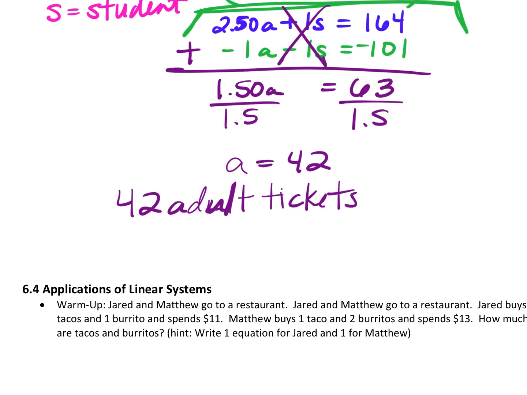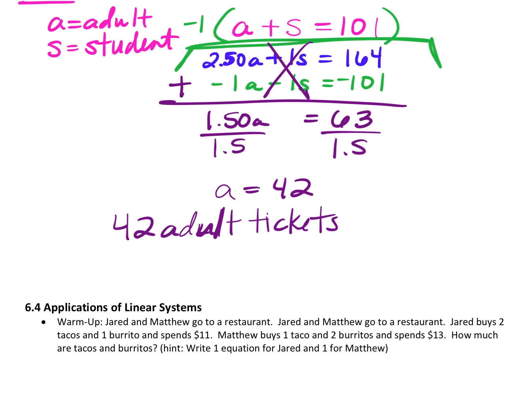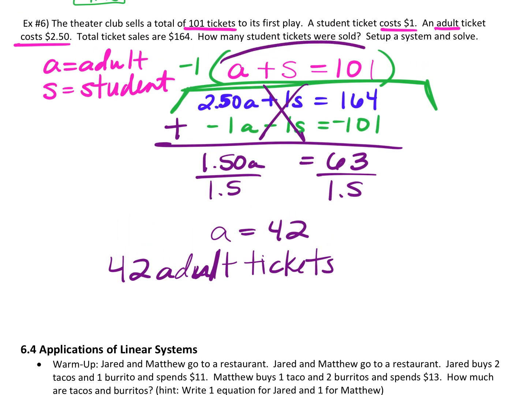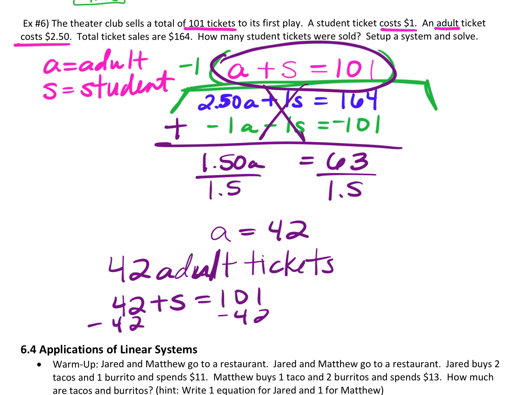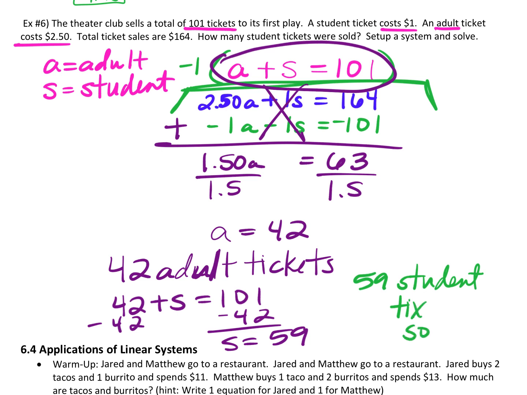So if there are 42 adult tickets, I would take that original equation: 42 plus the number of student tickets equals 101. So take away the 42, and S equals 59. That means there were 59 student tickets sold.